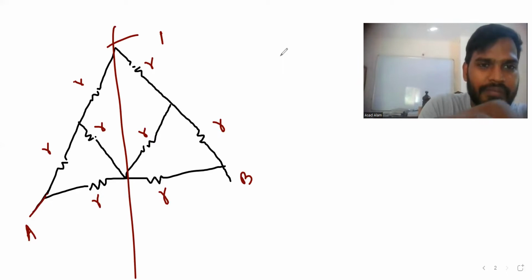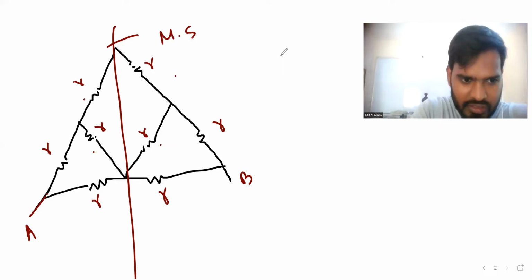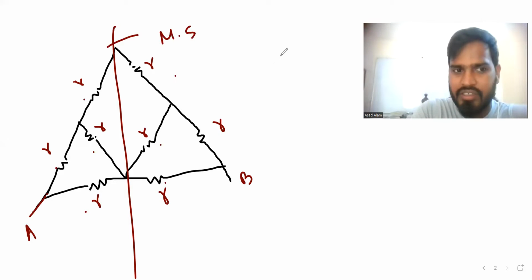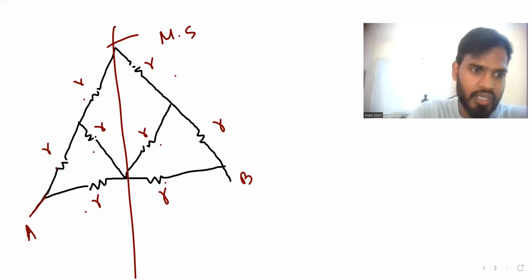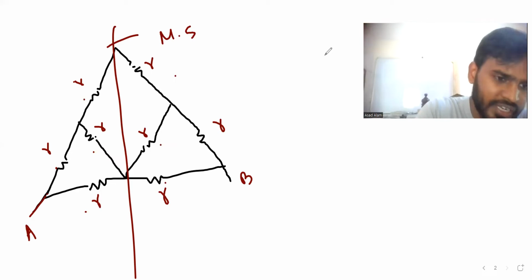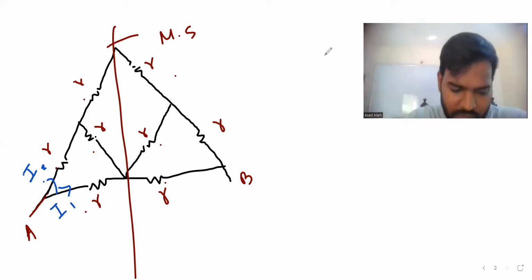So you'll have to apply mirror symmetry here. If you see mirror symmetry, R, R, R, R, right? So if we apply mirror symmetry, let's consider here is I1 and here is I2, and I is splitting into I1, I2.